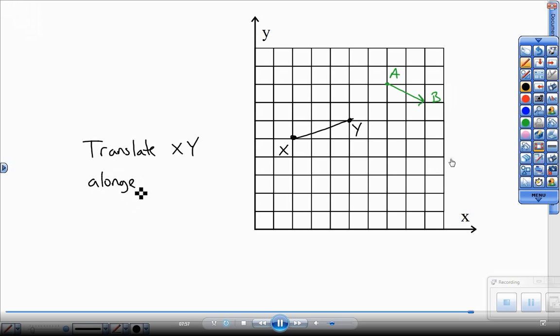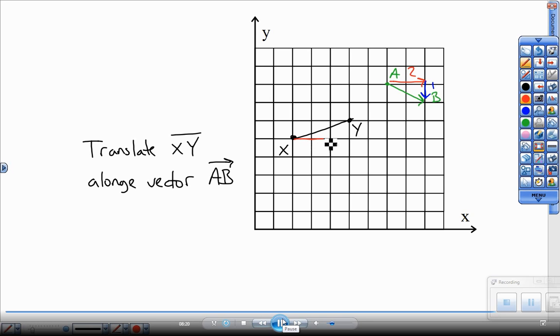So again, this vector will give me the directions that I need to move the points X and Y. And again, always start at the beginning of the vector and go to the arrow. Always do your left or right component. So from here I'm going right 2, and then to get to that arrow, down 1. That is the pattern I'm moving, describing from that vector. Right 2, down 1.